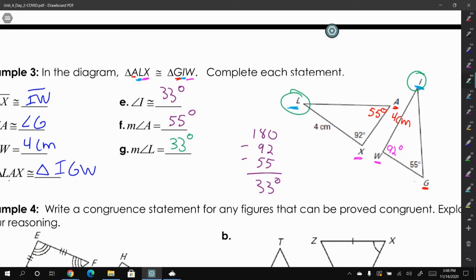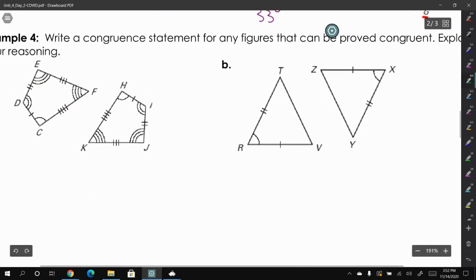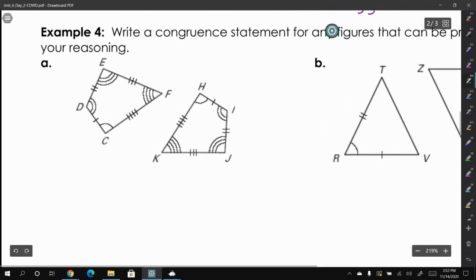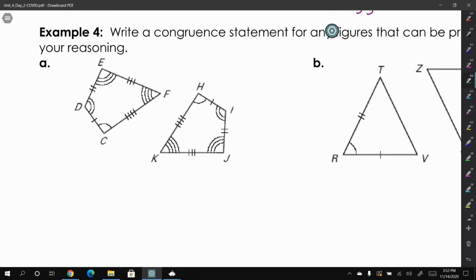So I really think color coding things at the beginning is going to be super helpful for you. All right, let's look down here. Write a congruent statement for any figures that you can prove to be congruent. Explain your reasoning. So if I'm looking at this letter A, I'm going to get my colors out and say, okay, C and H both have one angle marking, so they're congruent to each other.